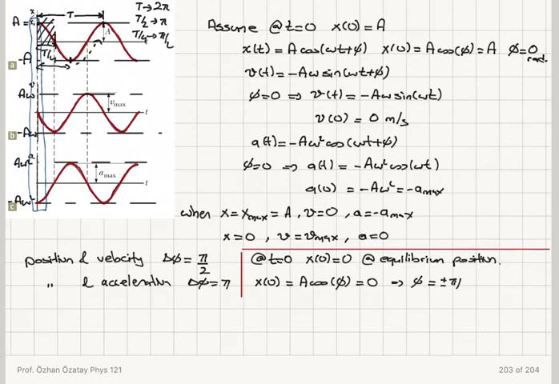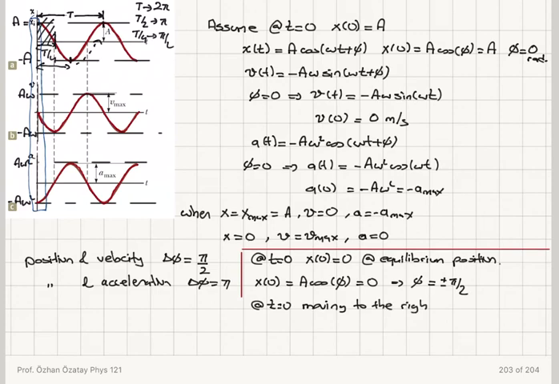It's going to be a cosine phi is equal to 0 at t is equal to 0. And what does that imply for phi? Phi is either plus or minus pi over 2. Well, there are many values phi can take, but within one full cycle, I have plus or minus pi over 2.